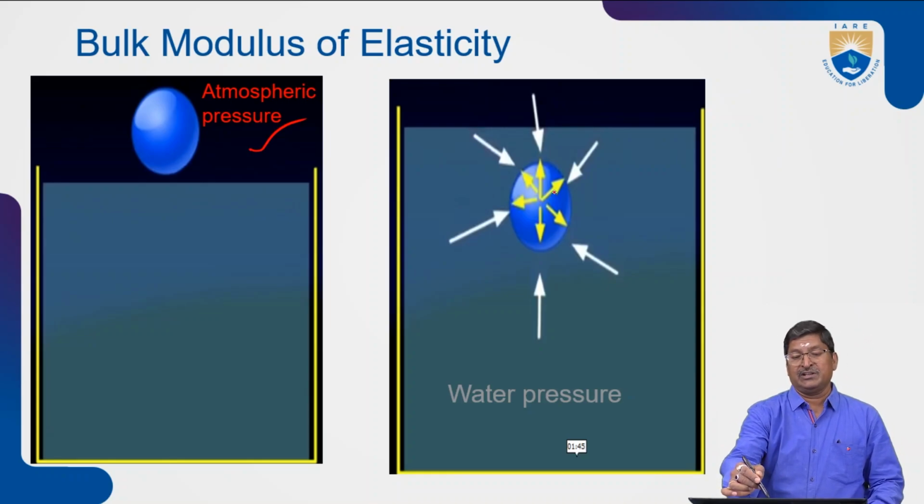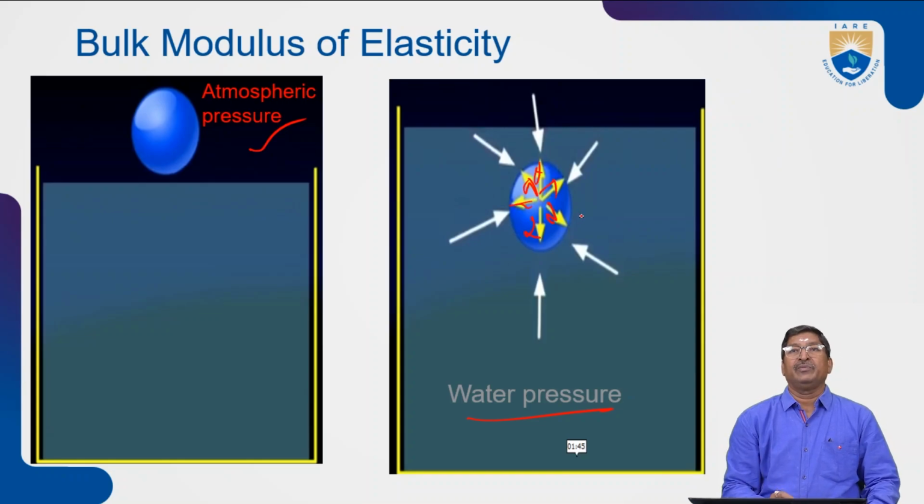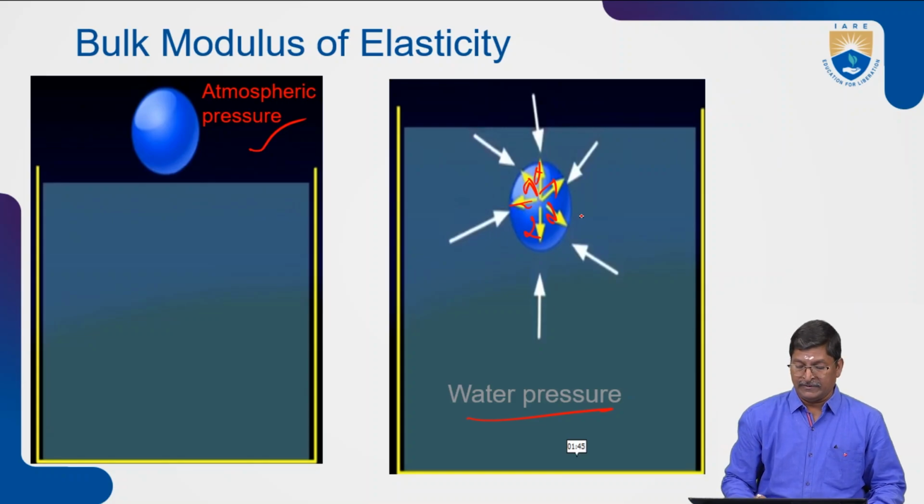If you keep that same balloon inside this water, there will be water pressure on it. And whatever force is exerted by the water, the same force will be exerted from inside, so that the balloon will be in stable condition.